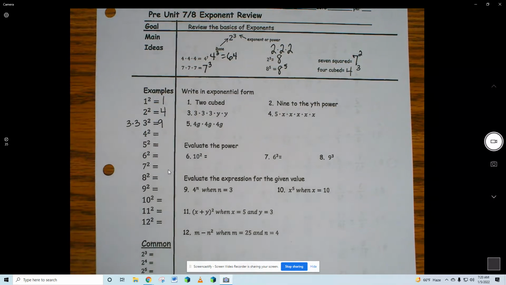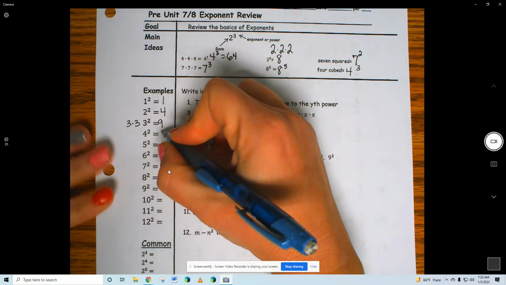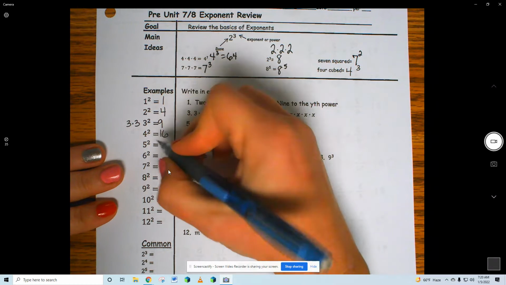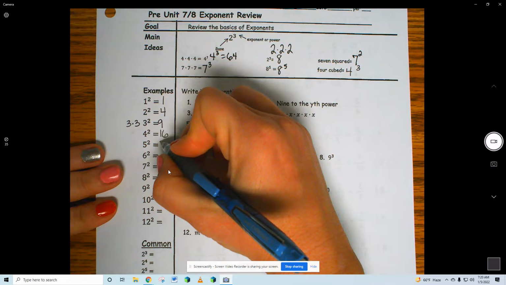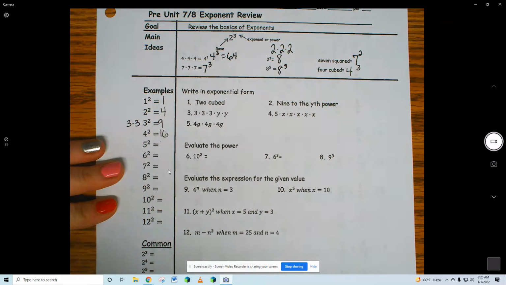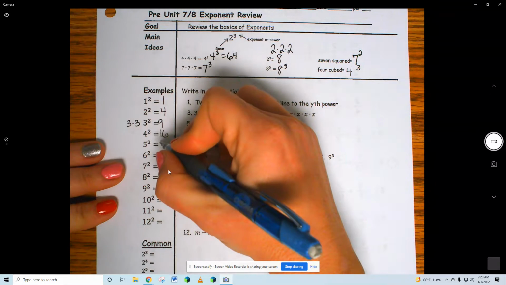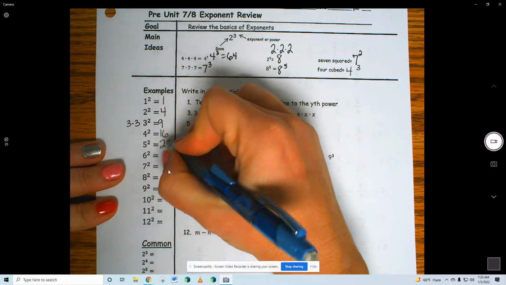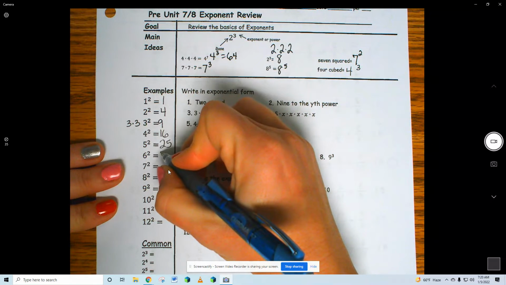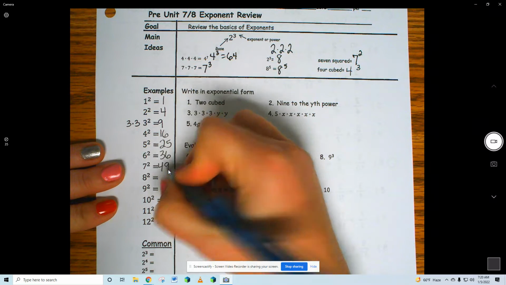Okay. 4 squared. Just tell me out loud. 4 squared. 16. 5 squared. Out loud. Everyone. 6 squared. 7 squared. 8 squared.